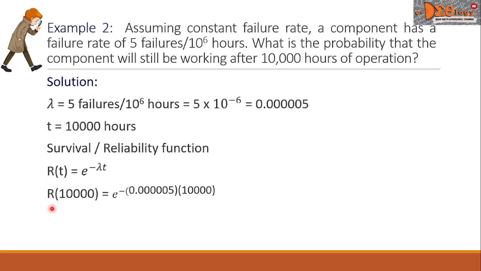This becomes R of 10,000 equals e raised to the negative of 0.000005 times the t, which is 10,000. We can simplify the exponent product into negative 0.05. Using our calculator, we can simplify this value into 0.951. This is the final answer.